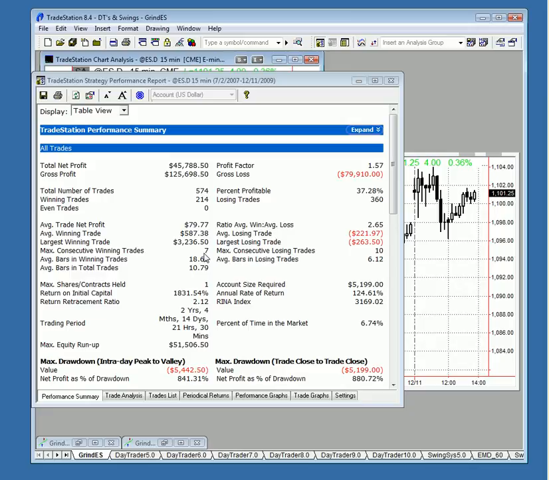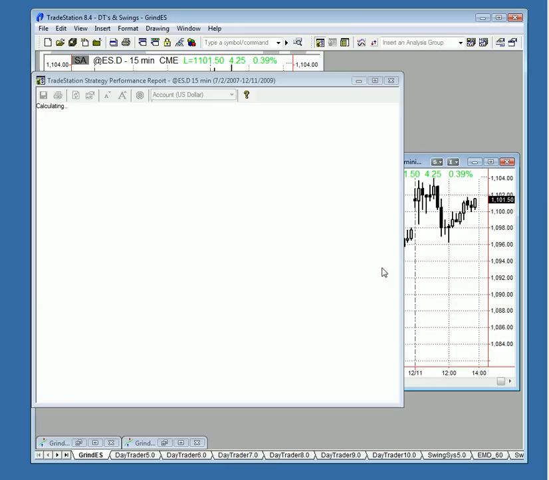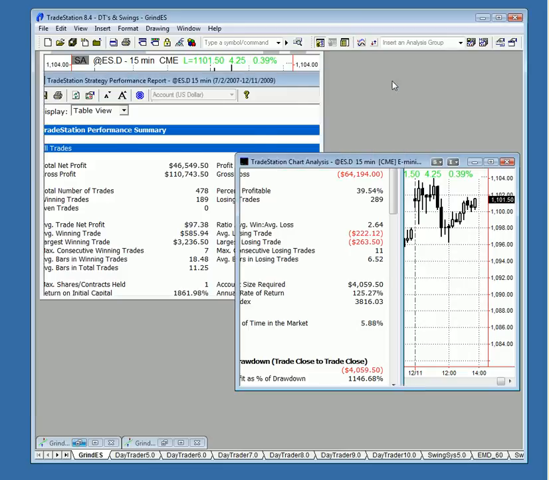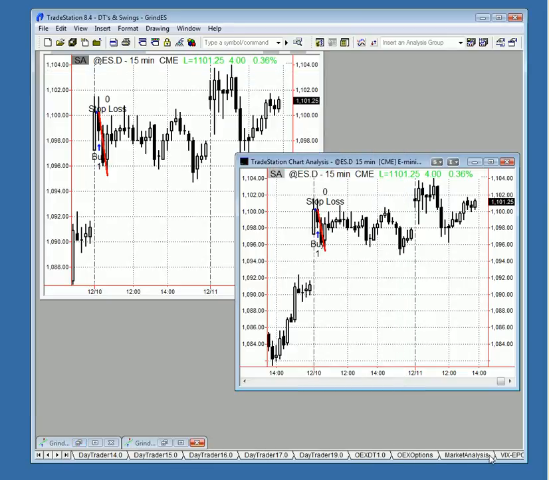Here's the Grind. Essentially, we've reduced the trade exposure, the risk exposure, so you have less commissions and less potential for negative slippage. We went from an $80 average trade net profit to the newer version at almost $100 average trade net profit right there.